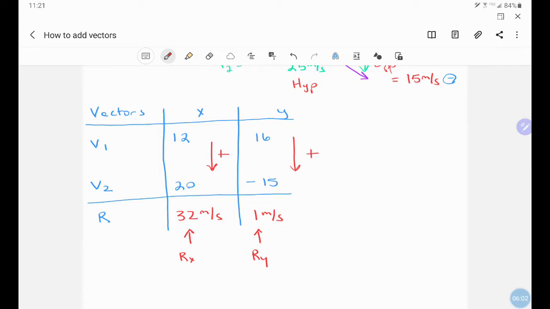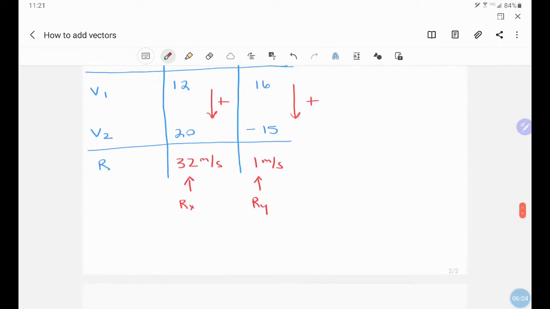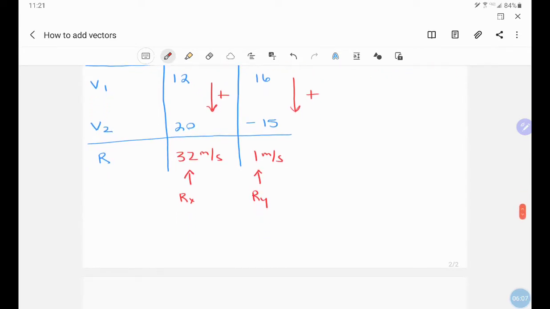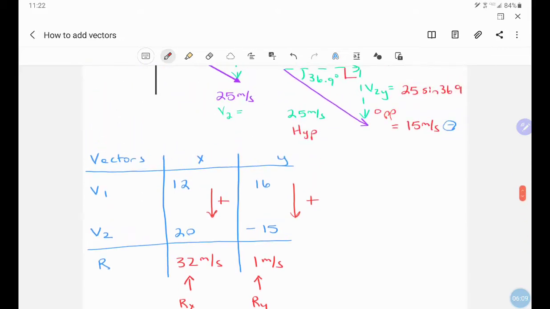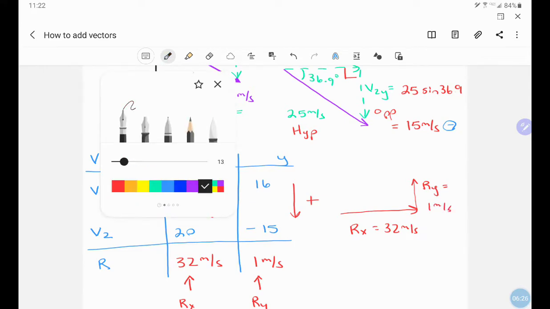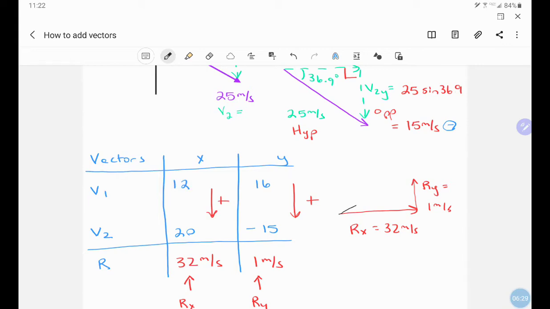In order to get the resultant as a magnitude and direction, I need to draw what that looks like. So we have Rx, which is 32, Ry, which is 1, and then we have R, and we have some angle.